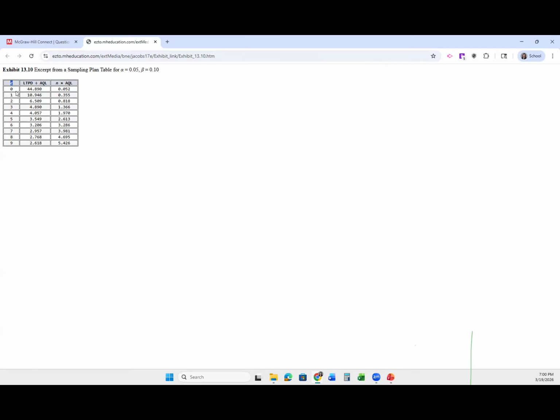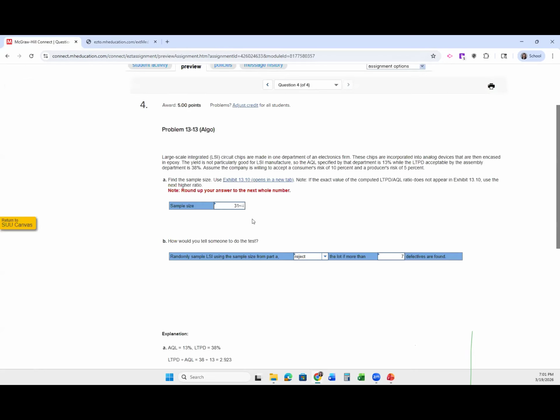If C equals 7, it means when you produce 100 and you have 7 defective units, that's fine because this is under your tolerance. So C means the acceptance number, and N means the number of units. Once you figure out those 4 numbers, you will be able to finish the homework here.